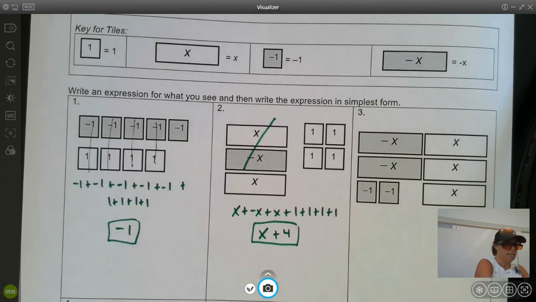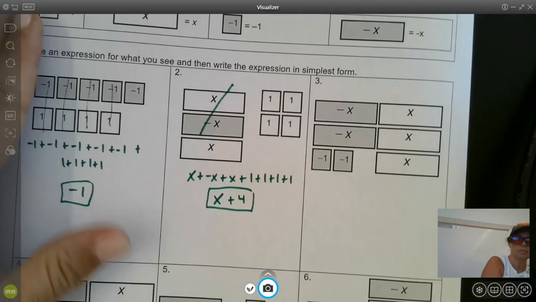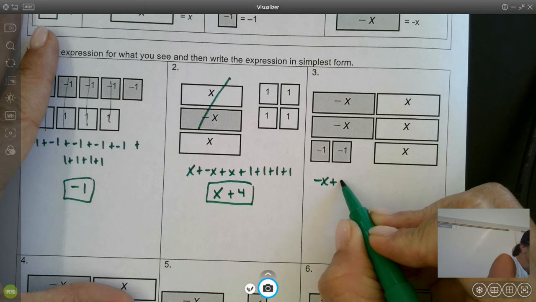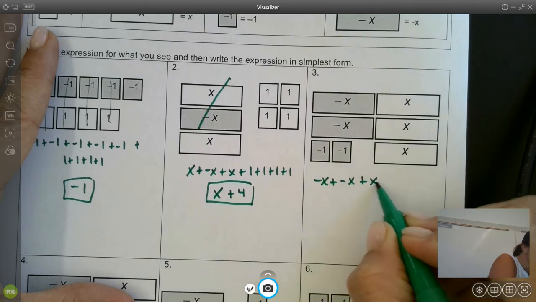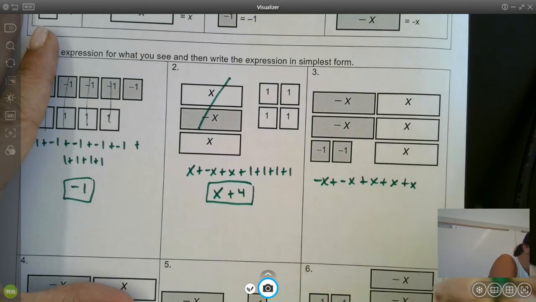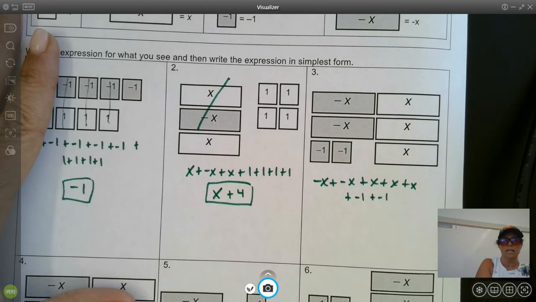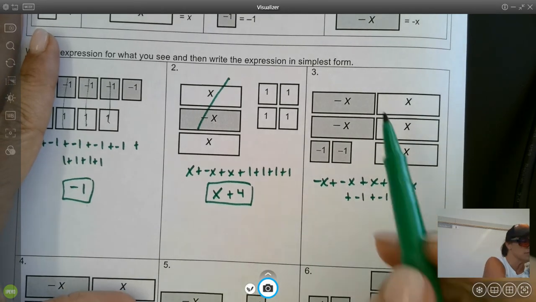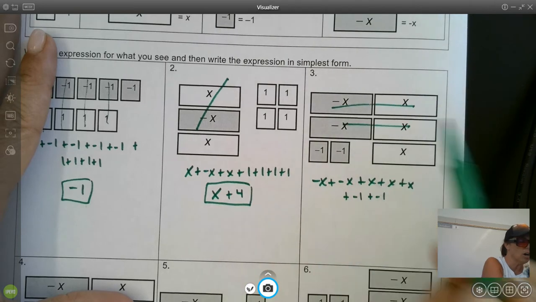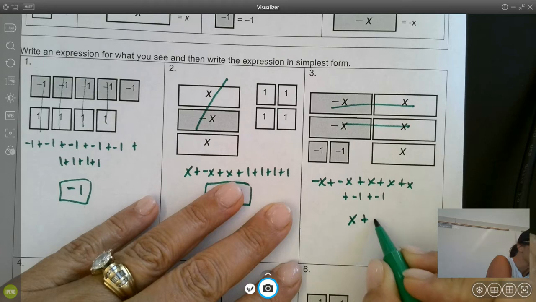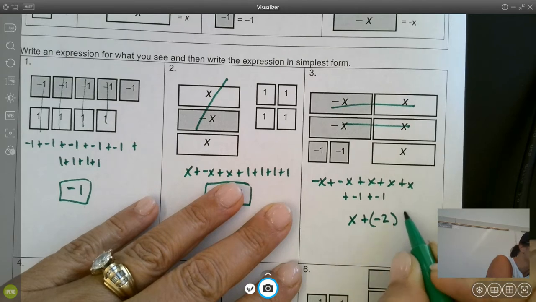This guy, what I see is -x plus -x plus x plus x plus x plus -1 plus -1. Now let's think about 0 pairs. Gone, gone. So I'm left with x plus a -2.